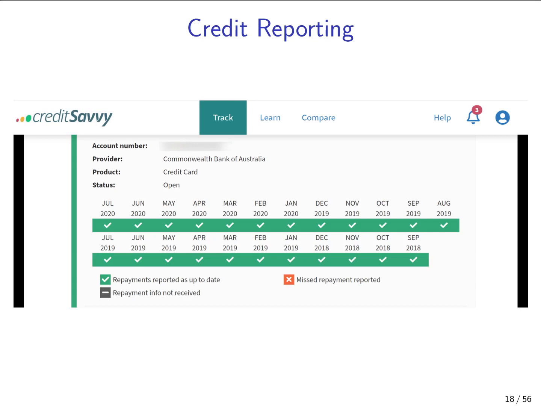Banks, the financial institutions that you have a relationship with, would report your credit history to an agency. So, for example, I have a credit card with Commonwealth Bank of Australia, one of the largest in Australia, and they would report my credit history to some credit agency.